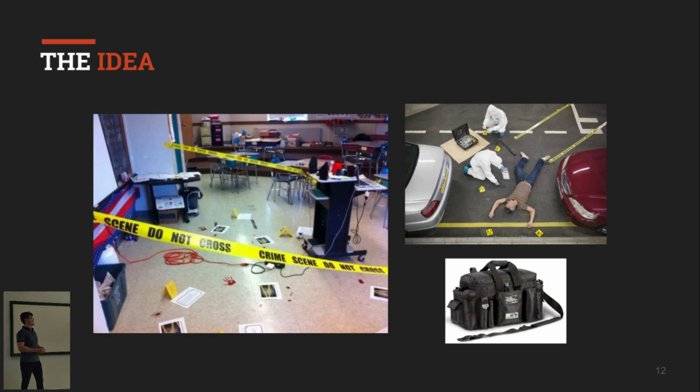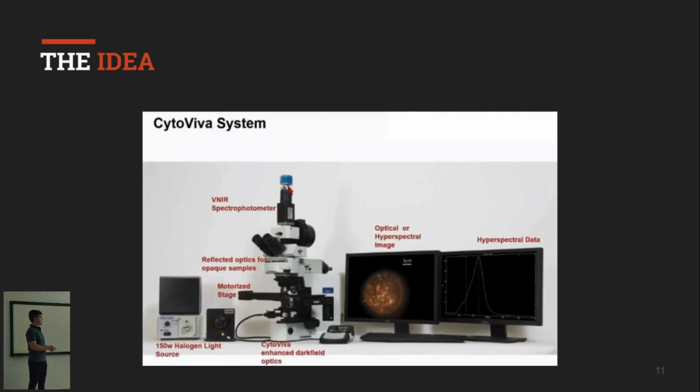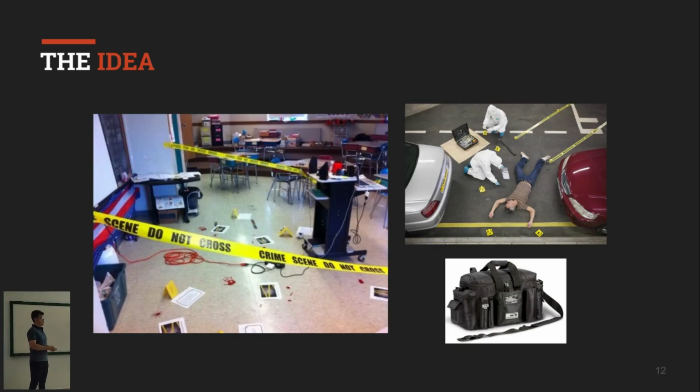And my idea is, police have crime scenes, and the forensic experts go to these crime scenes with a bag to analyze the evidence to solve a crime. I want some equipment like this one, but to fit this bag, because this is too big to fit this bag.